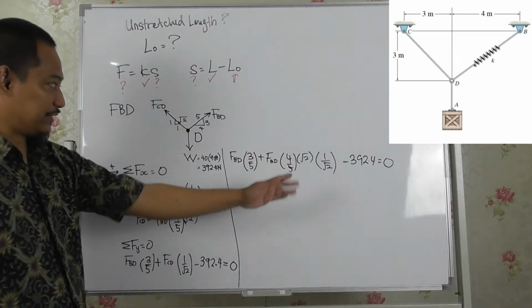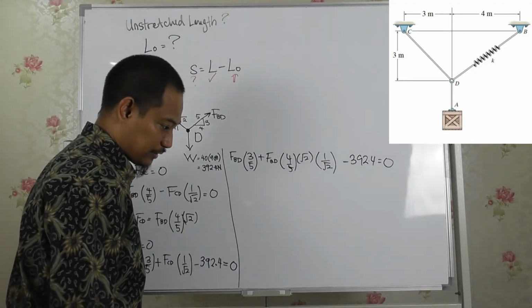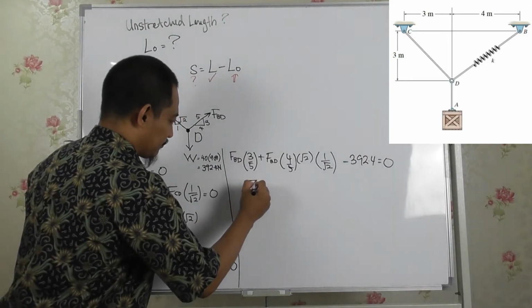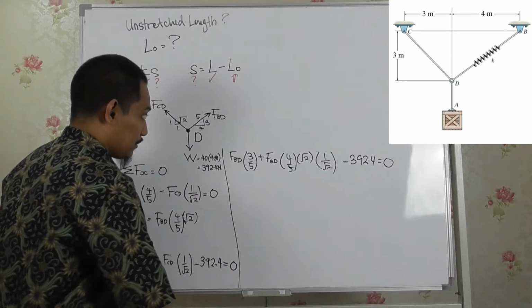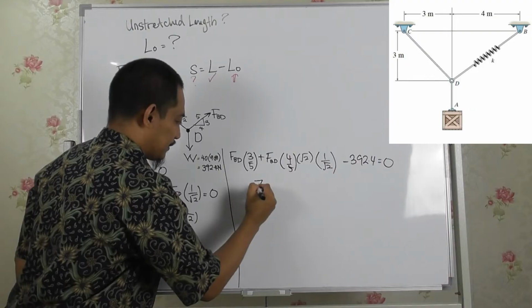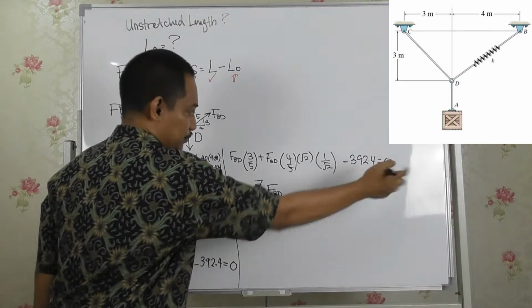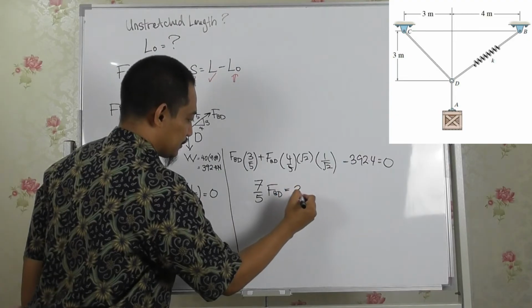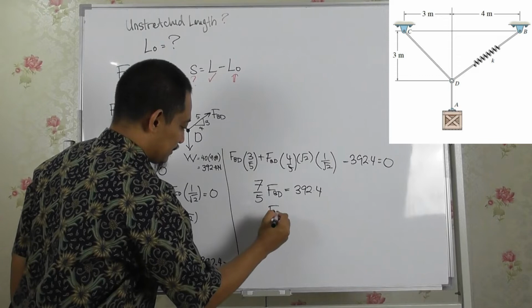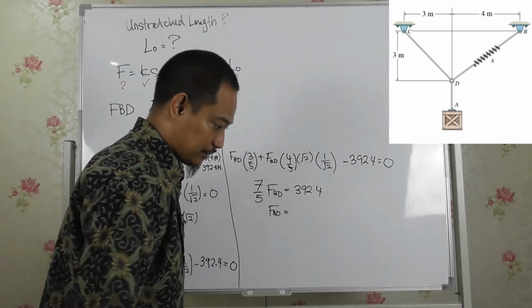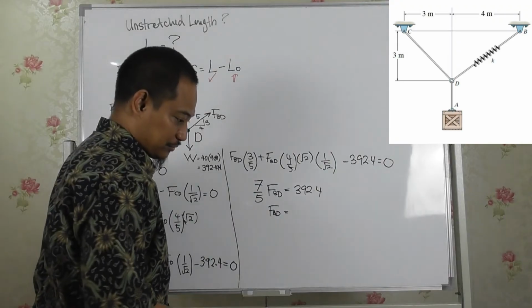So you can rearrange this. If you calculate, you get 7/5 FBD, and then the 392.4 goes over the other side.